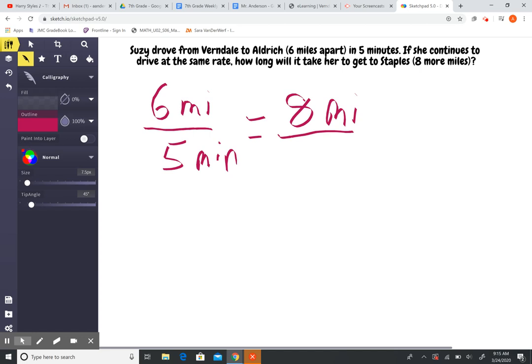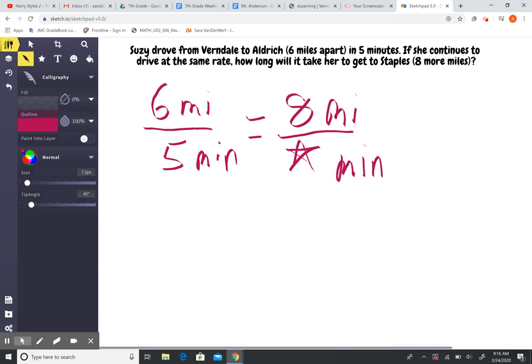Normally this is where your algebra textbook would put the letter X, but I feel like that's kind of boring. So I'm going to put a star instead to represent the minutes. We don't know how many minutes, so we have to represent it with a variable, which is usually a letter, but I'm going to use a star. Okay, so now it's just solving it like we have in the past.